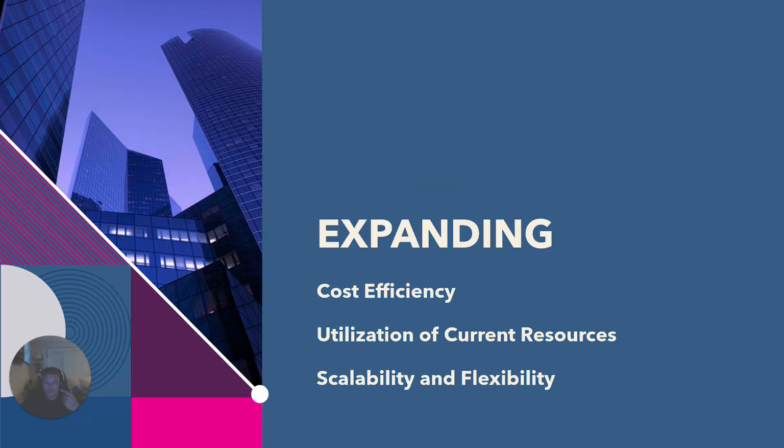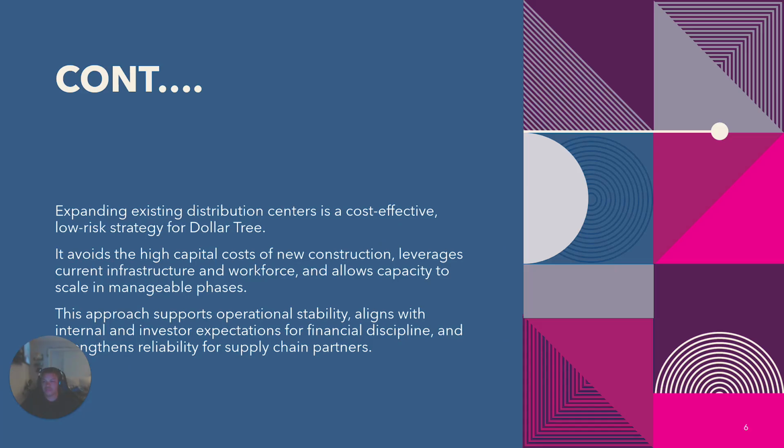So, how would we go about helping Dollar Tree expand, knowing the information from the case? How do we get there? We use the cost efficiency method, utilization of current resources, and scalability and flexibility. And how that looks is expanding existing distribution centers is a cost effective, low risk strategy for Dollar General.